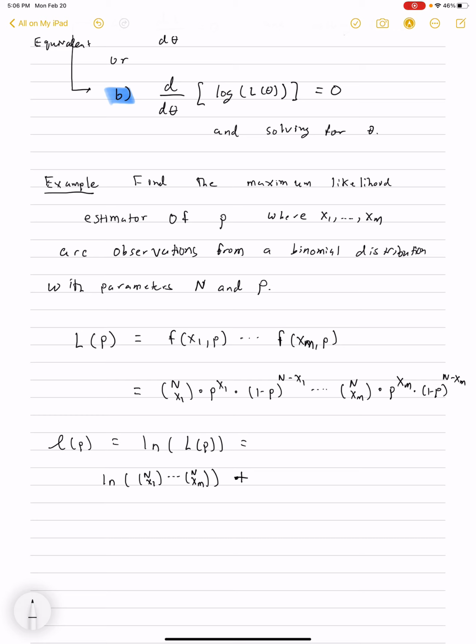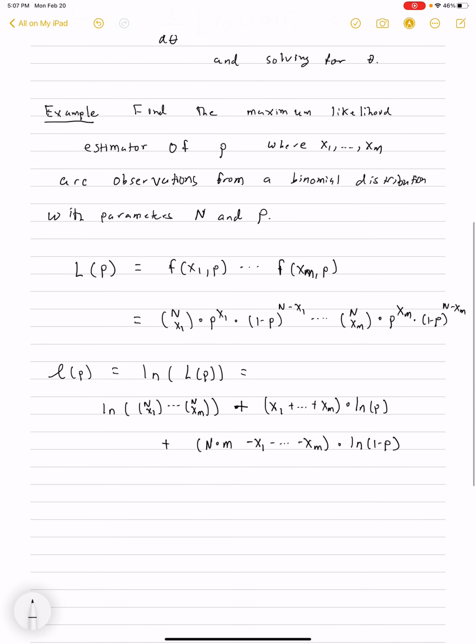Remember, using the properties of a log, I can change this to be x1 plus through x sub m. That's the exponent of p, but I brought it down. Plus n times m minus x1 minus through x sub m times ln of 1 minus p.